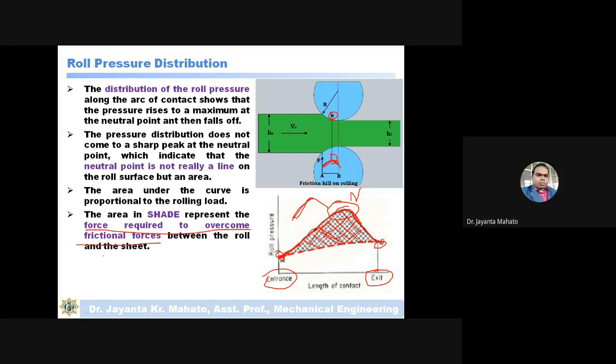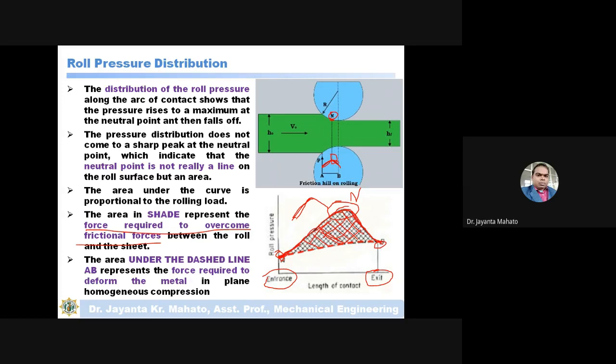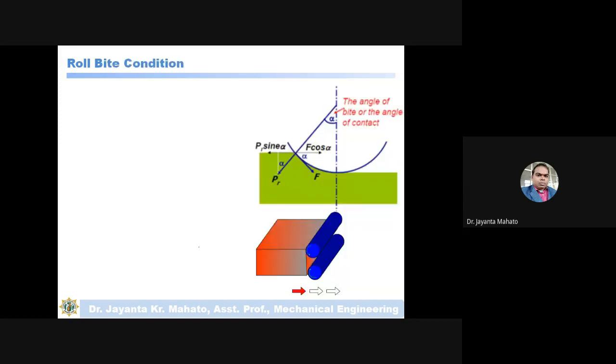This amount of force is required to overcome the friction, between the roller and the sheet metal. And the area under the shaded line AB represents the force required to deform the material in plane homogeneous compression.